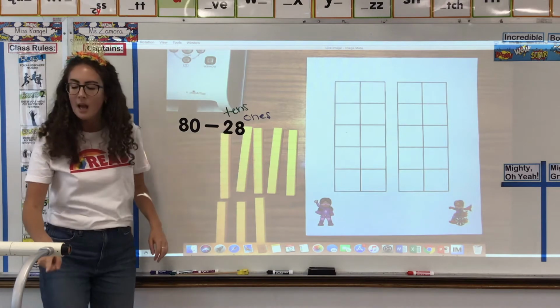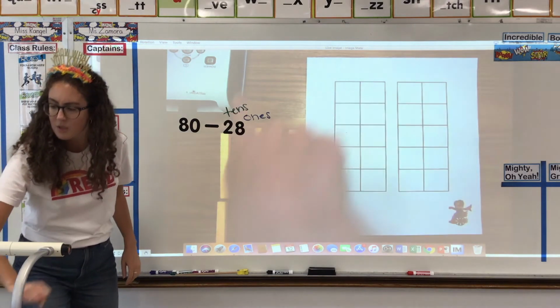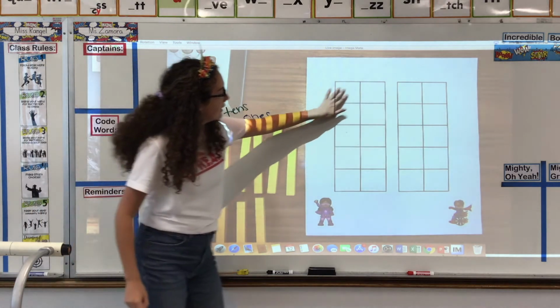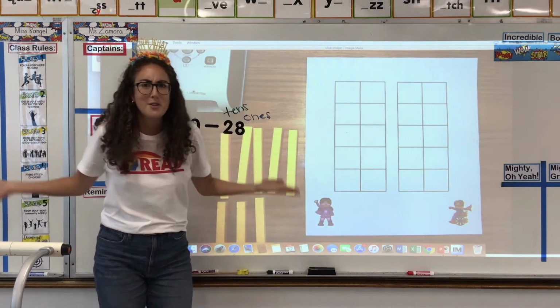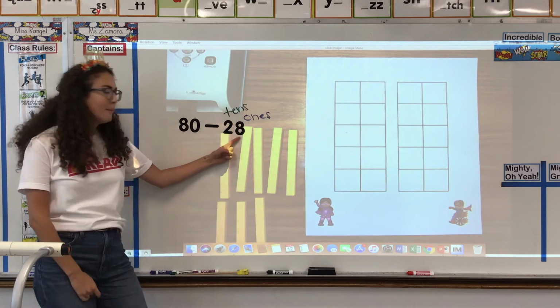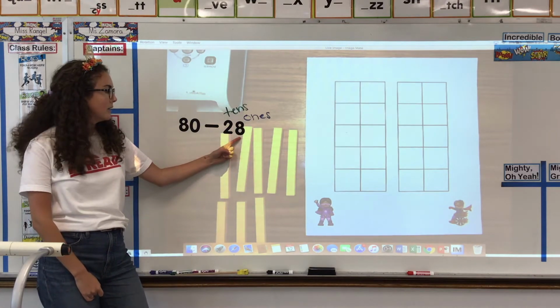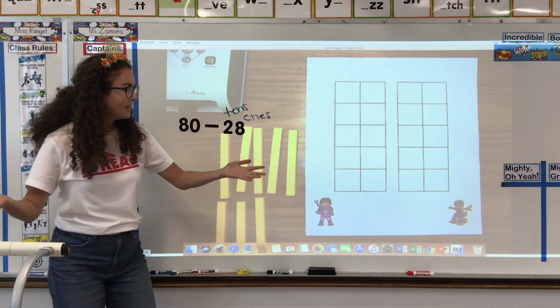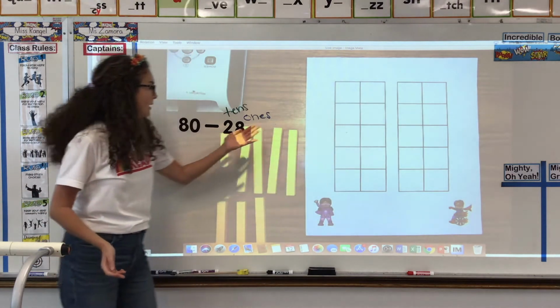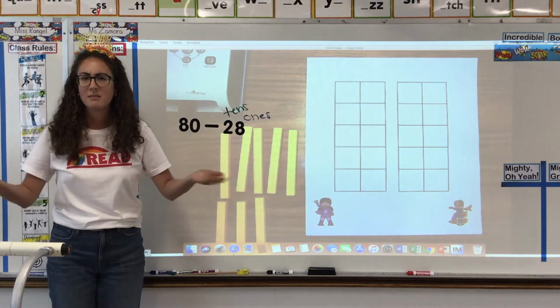Let's see. How many ones do we have on our board right now? None. There's no ones. But how many do we want to take away? 8 ones. Can we do that? We have no ones, but we want to take away 8. Can we do that?